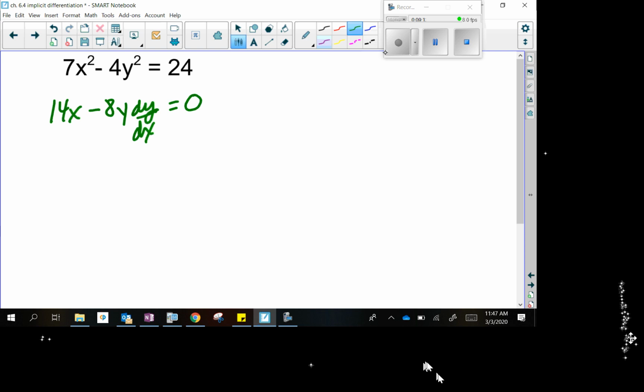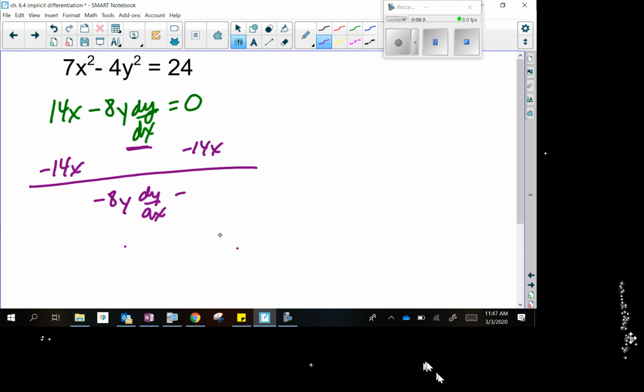Now, to get the dy dx by itself, we're going to subtract 14x. And now we divide by negative 8y.